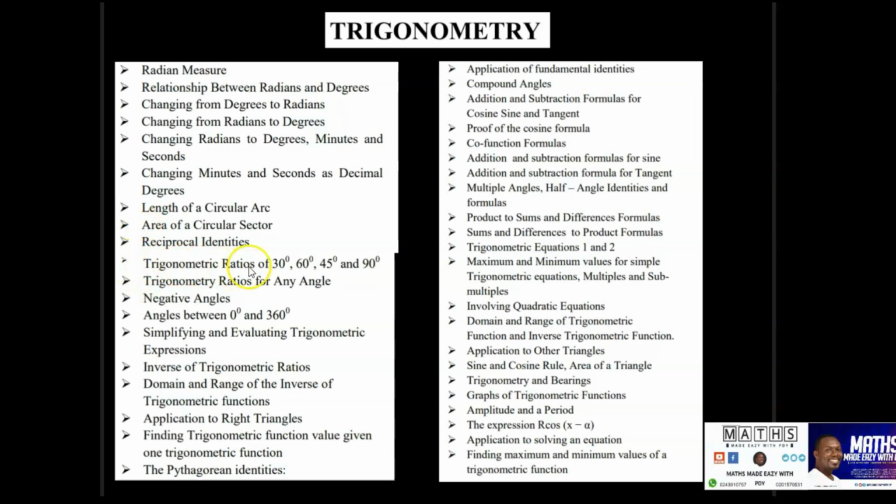So we'll be looking at trig ratios of 30 degrees, 60 degrees, 45 degrees, and 90 degrees. Then trigonometric ratios of any angle, and so on and so forth. But for better understanding, I'm not going to follow the pattern as shown here. I'm going to teach you in such a way that you can easily understand it, so that it links up with the subtopics as shown on this page.